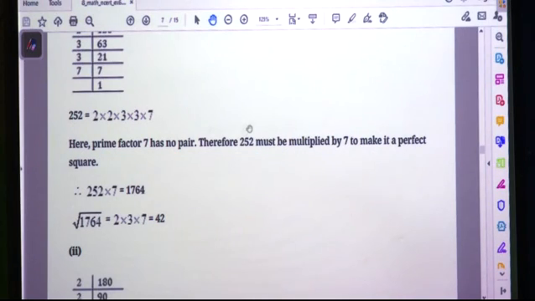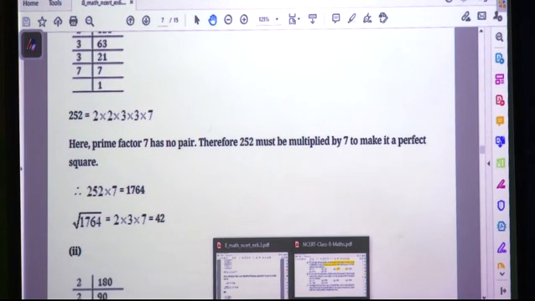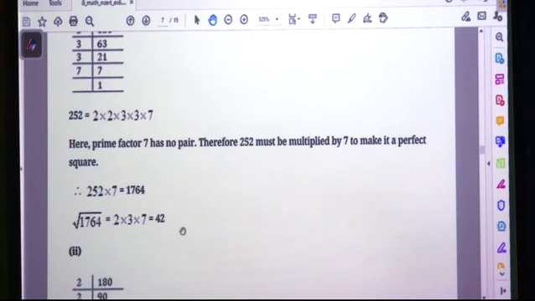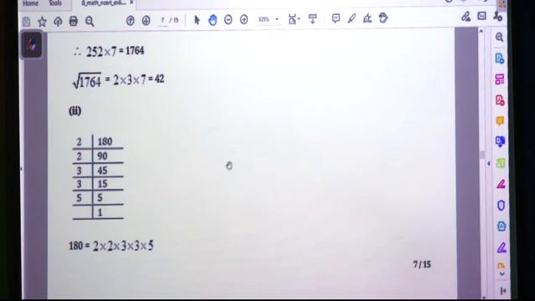Here it is, 180, prime factorization of 180. 2 9s are 18, 0 as it is, and so on, 3 15s, 3 5s, and 5 1s. Here you can see the prime factors: 2 into 2 into 3 into 3 into 5.